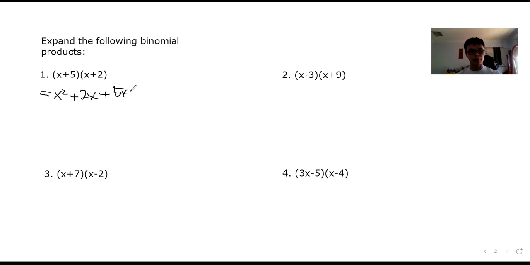And then lastly, we multiply this 5 here by the last term 2, so that gives us 10. Then simplifying this expression, we get x squared plus 7x plus 10.